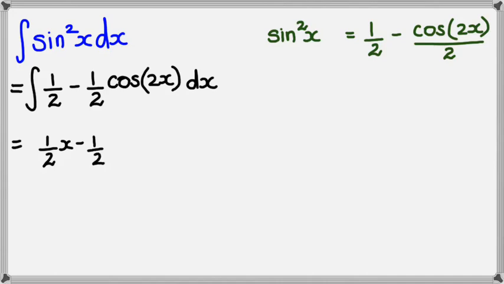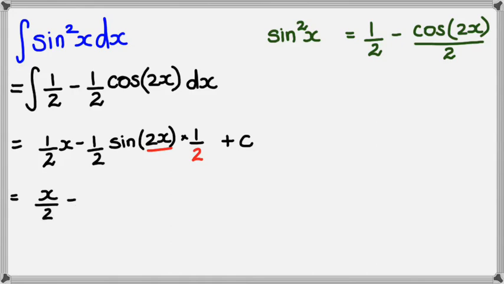Now, the integral of cos, for those of you that have forgotten, is sine, multiplied by 1 over the differentiation of whatever's inside the bracket. Since we've got 2x, the differentiation of that is 2. And of course, we have to remember the plus c. Simplifying this, we get x over 2 minus sine 2x divided by 4 plus c. And that is how you integrate sine squared x.